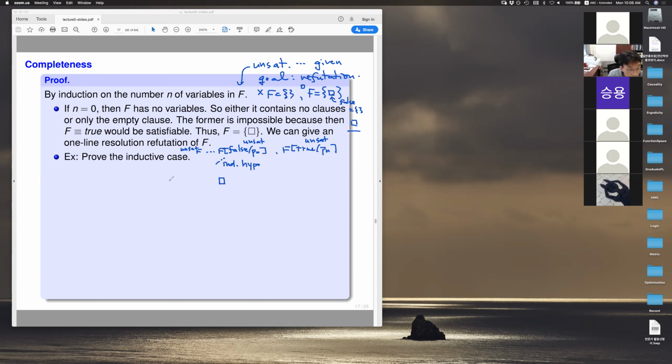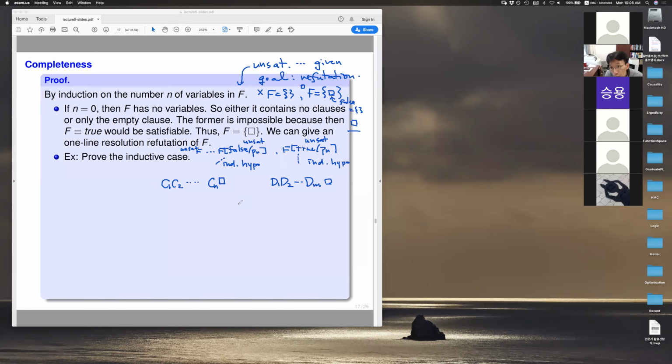So we have C1, C2, Cn, and then box. Also, if we apply the induction hypothesis, we get, let's call it D, D1, D2, Dm, and box here. Here we apply the induction hypothesis.